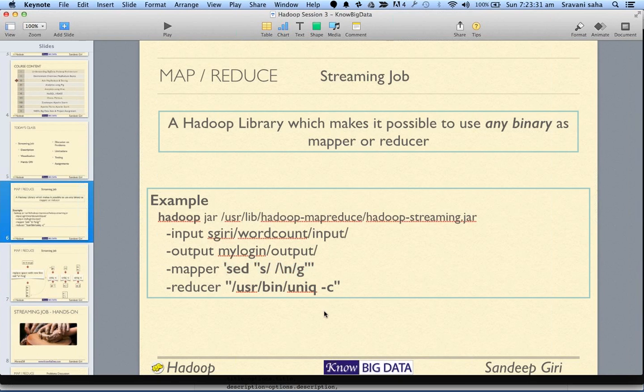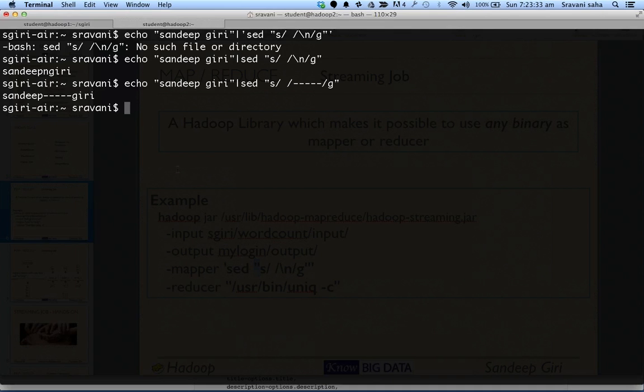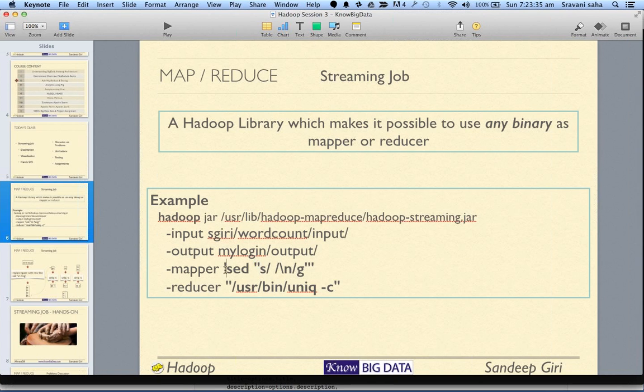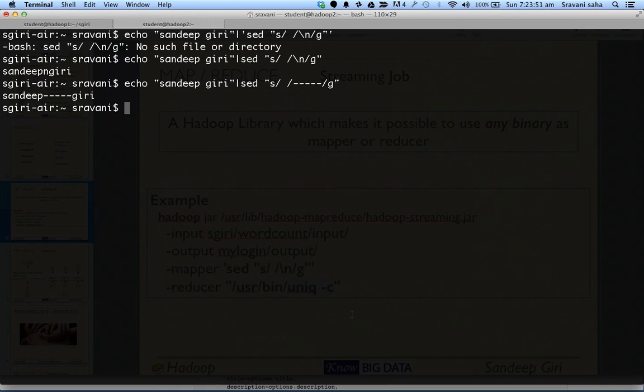That is the duty of SED, and we want to pass this as a command to Hadoop streaming as a mapper. Now there is another beautiful Unix command which gives you a unique list of things, uniq.